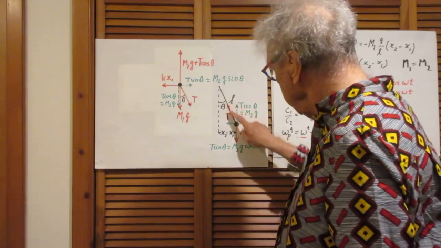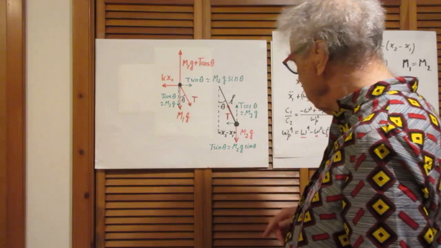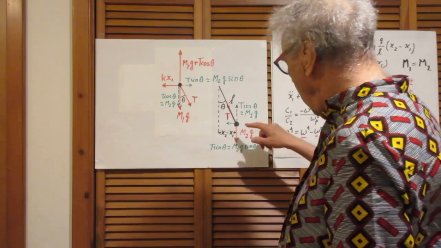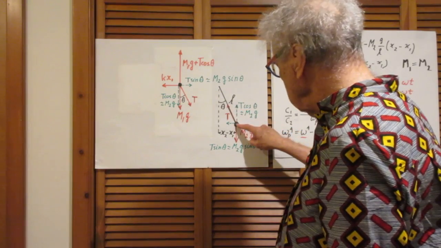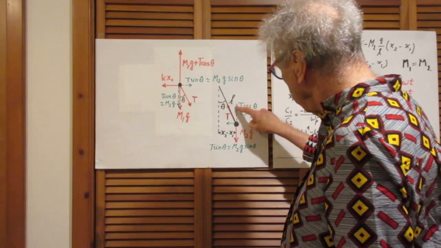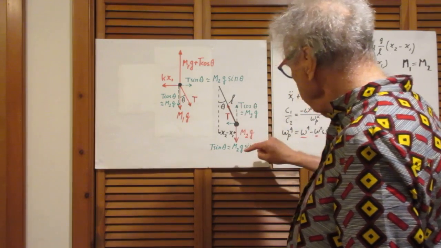T, that is the tension in the string, and that is gravity. I have decomposed the tension in two directions. Those are the green marks. The vertical one and the horizontal one.